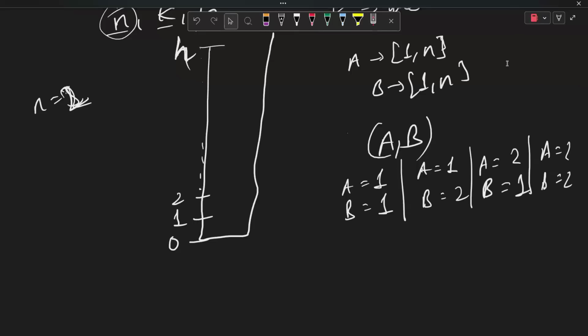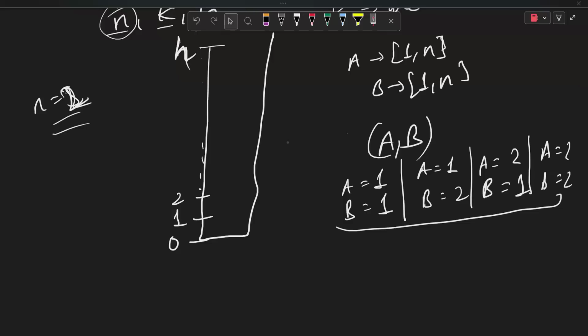I was explaining this part, that if you have n equal to 2, then you can have these pairs. Was this the part till where I got disconnected? Can you just tell? Do I need to repeat this part?